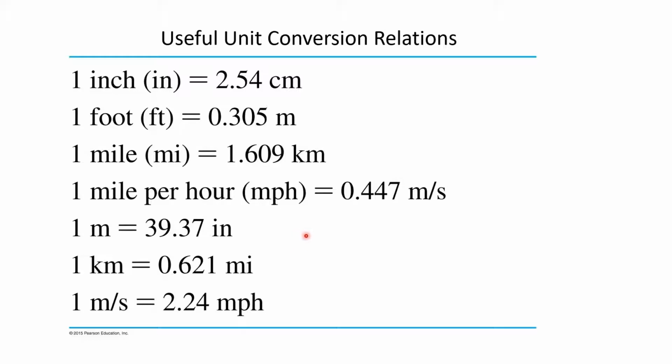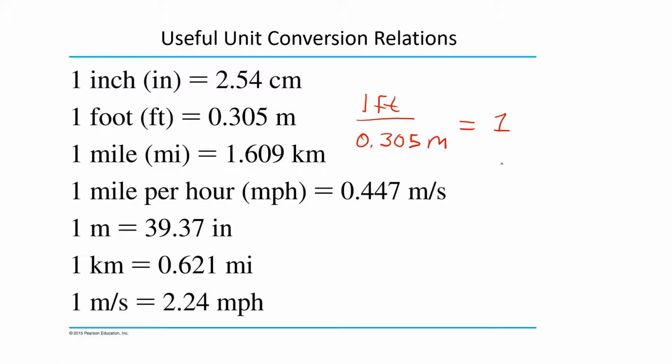Here's some relationships between different units. So how is this useful? It says that 1 foot is equal to 0.305 meters. Well, I can take that equality and I can rewrite it as 1 foot divided by 0.305 meters is equal to 1.